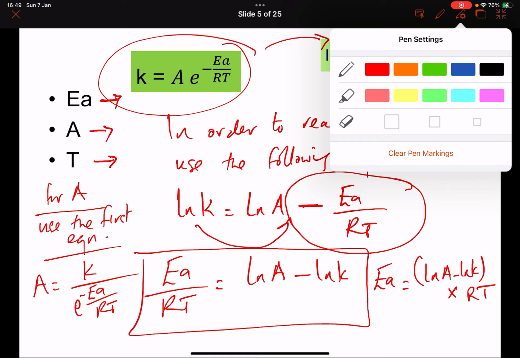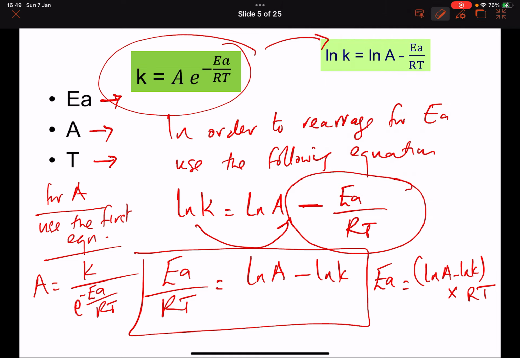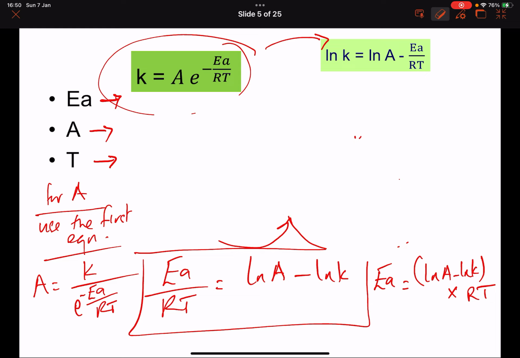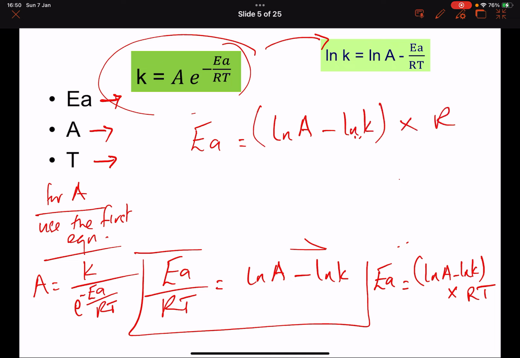Okay, I'm just going to rub off a few things and then do a rearrangement of T. So how do we rearrange for T? Well, we've already done this. We've already said Ea equals natural log of A minus natural log of k, times RT.